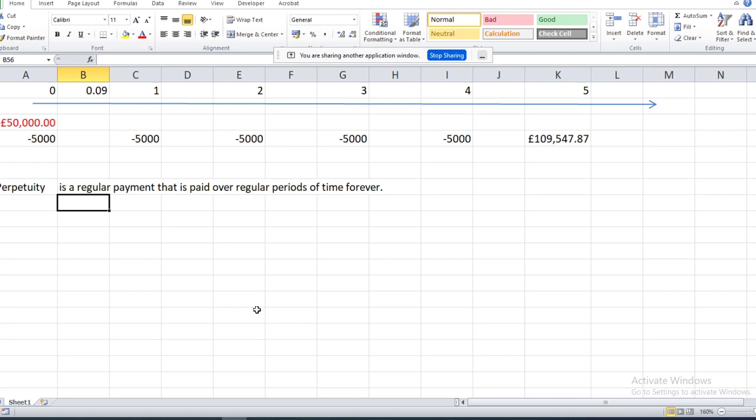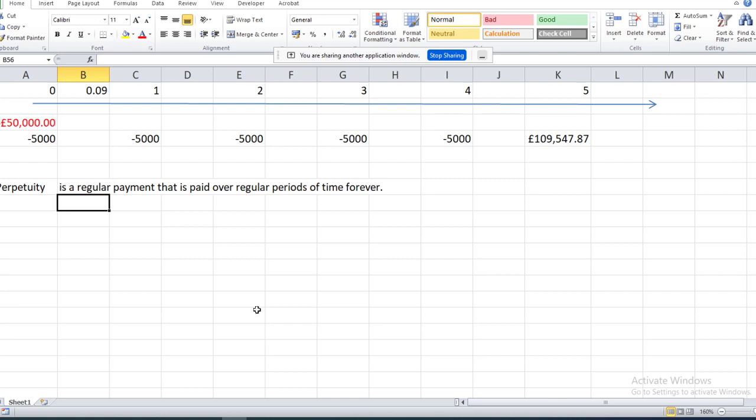Many European government bonds, British government bonds, Dutch government bonds from Netherlands, many perpetual government bonds, which even now, over the last 200 years, are paying the regular payments. Okay, so those are perpetuities, and the formula here is not part of Excel.